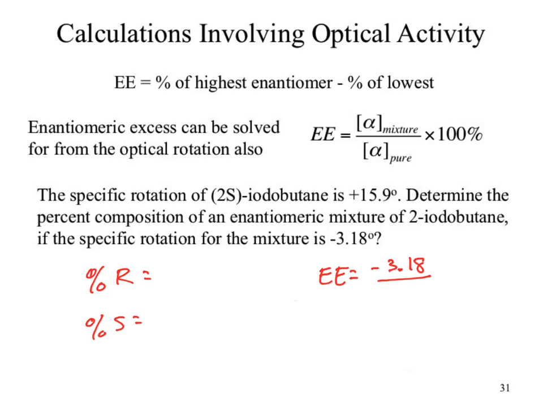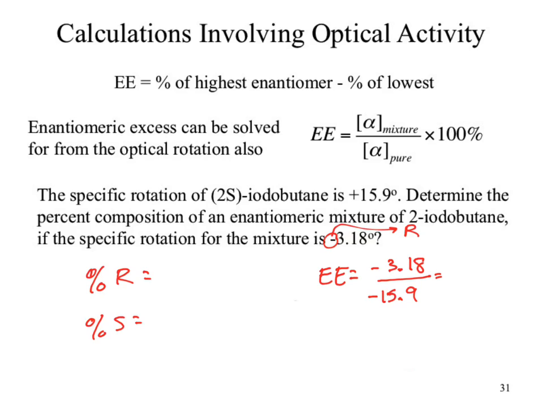I mean, I can, but that means I get a negative enantiomeric excess, and that doesn't really make any sense. The whole point of the excess is to see which one is the larger value. So what we can do is divide by the negative 15.9 because I'm acknowledging that is a negative, which means R is the one in excess. Okay? That is going to get me some numerical value.